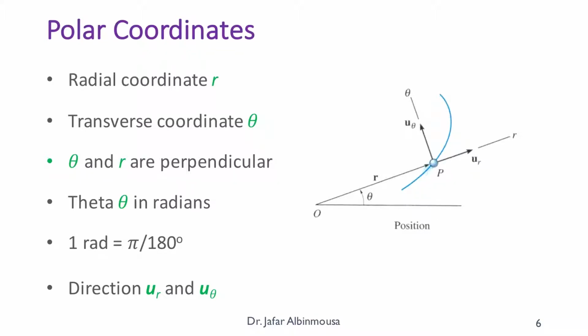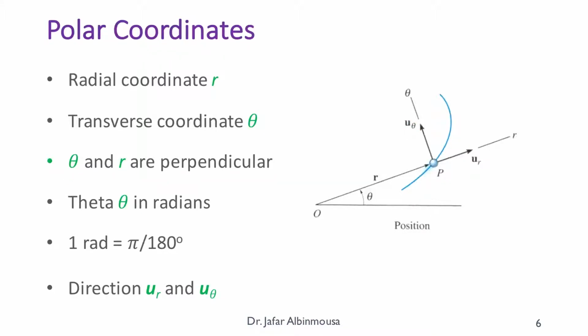In that polar coordinate, we have the radial coordinate R. The radial coordinate extends from the origin all the way pointing toward the particle, and this is basically the position vector. Along this line, we have UR, which is the unit vector in the radial direction. Now, perpendicular to this, we construct the transverse direction, which is theta, which has a unit vector of U theta.